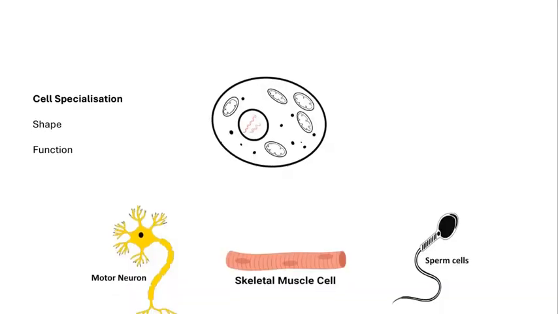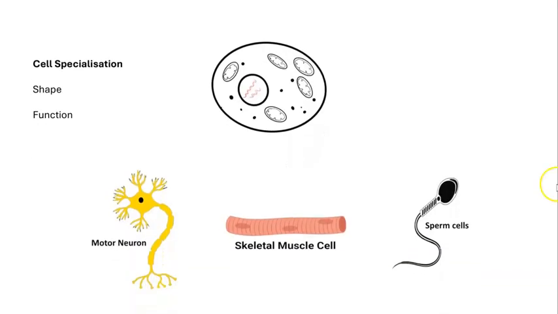Animal cells, what happens is that the particular genes are expressed, and so we have what we call gene expression.